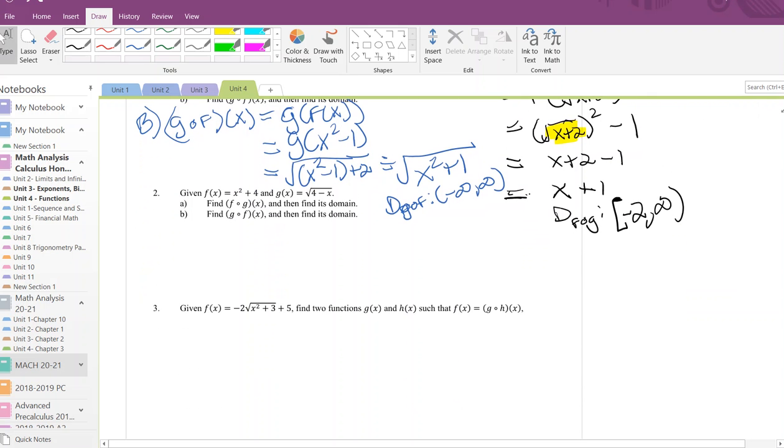All right, the next one, for part A, f of g. So that's going to be f parentheses g of x. So that means we're going to take f of the square root of 4 minus x. Now we also have to consider that the domain of g here has to be x less than or equal to 4.